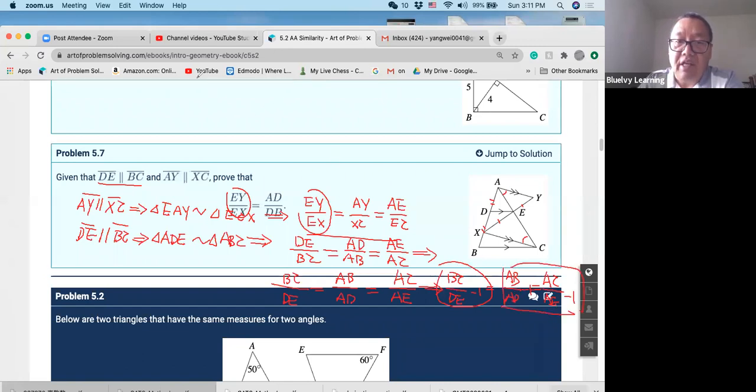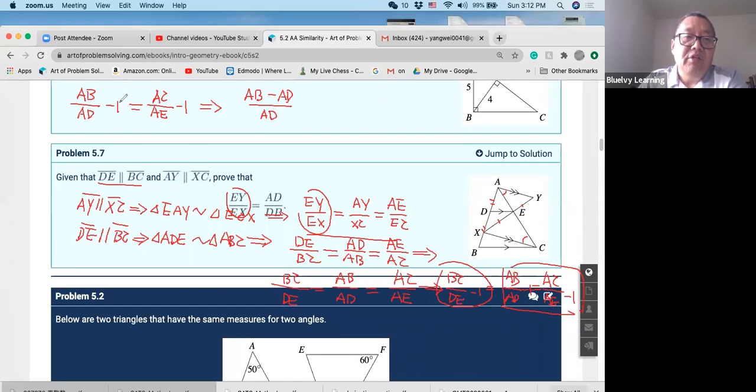Now let me move this one to here. So AB over AD minus 1 equals AC over AE minus 1. From this, we can write it as AB minus AD over AD, right?